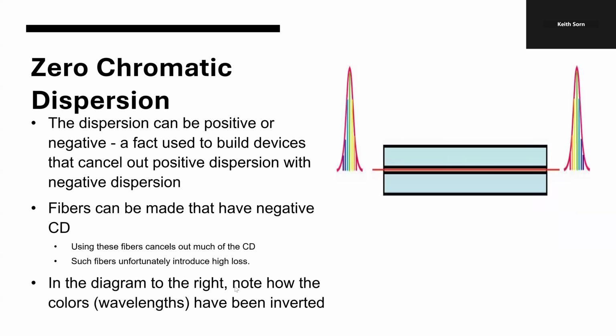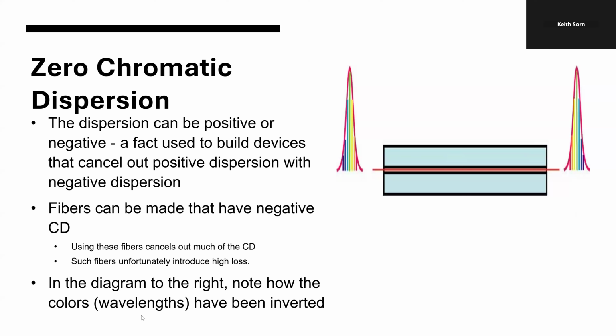All right, to correct for dispersion, we produce zero chromatic dispersion. What that involves is, through various devices or various chemical compositions of the fiber, we can get negative dispersion.